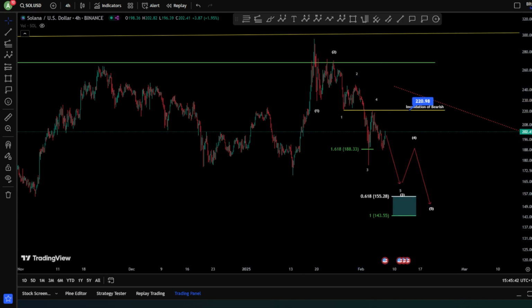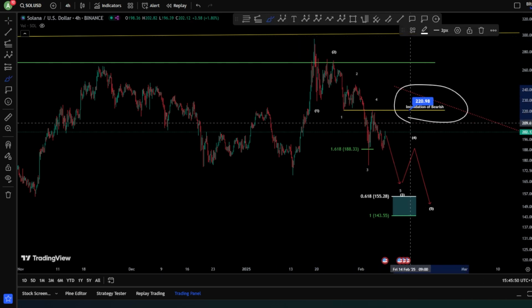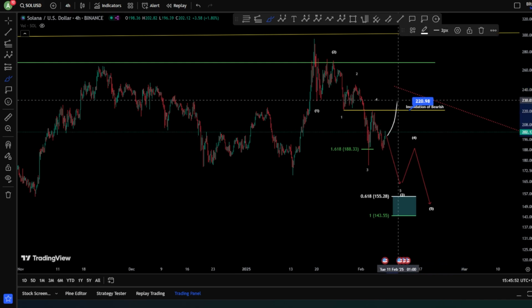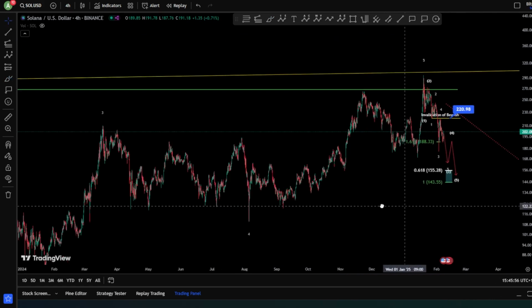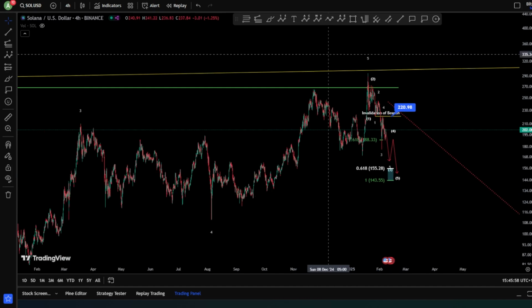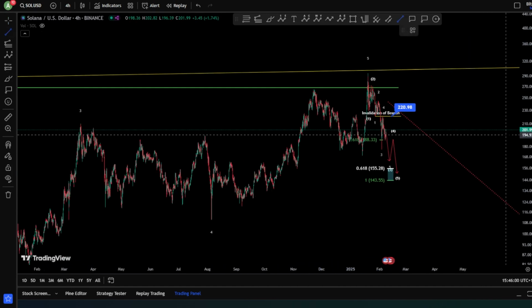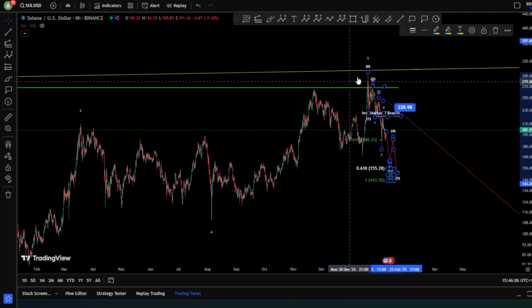Now, if we move towards the upside and we see invalidation here, okay, if we see invalidation for higher prices, it could be that something else is unfolding. We might be in continuation of this contracting diagonal. If you remember, we have this scenario where we have a contracting diagonal toward the upside.